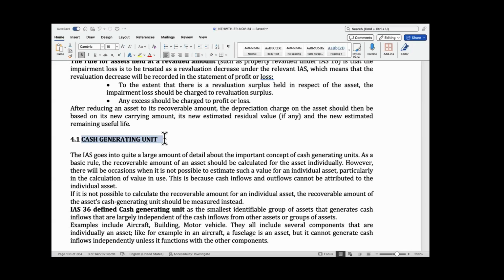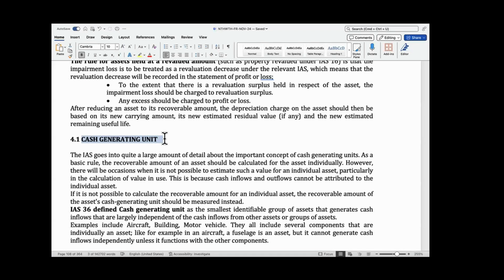Instead of looking at the elevator, AC, and furniture as separate assets, group them together and see them as one singular asset, like the whole building including everything in it. Just for us to say, okay, this is the value in use, and we can compare that with net realizable value, then we impair.